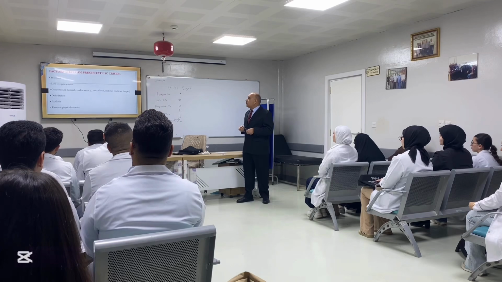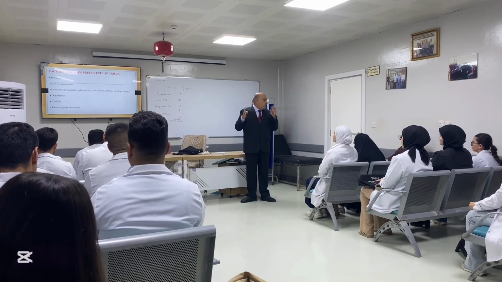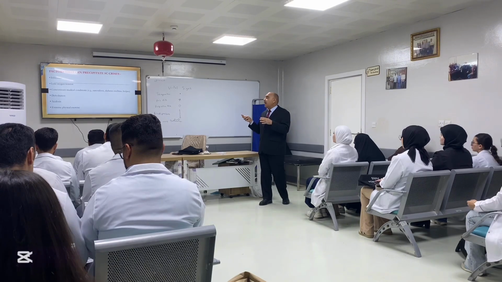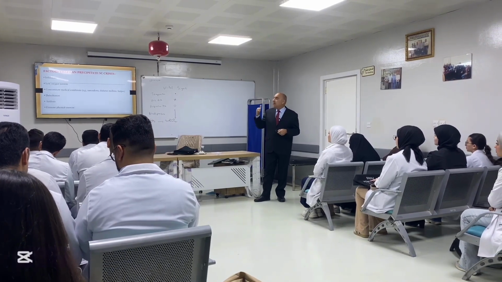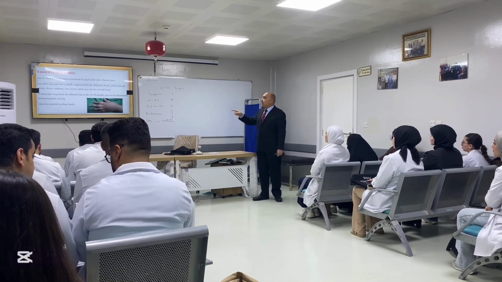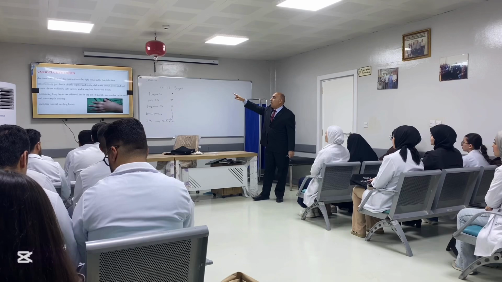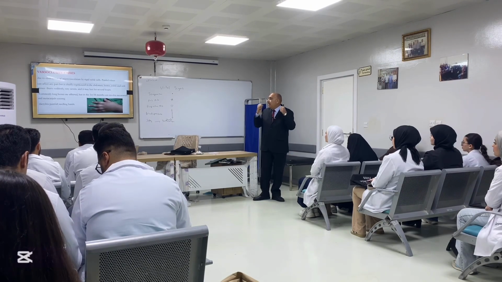Now, there are different factors that precipitate these crises, like infection, low oxygen tension, dehydration, acidosis, and extreme physical exercise. This is the vaso-occlusive crisis, where there is obstruction of the microvasculature due to the rigidity of the red blood cells.